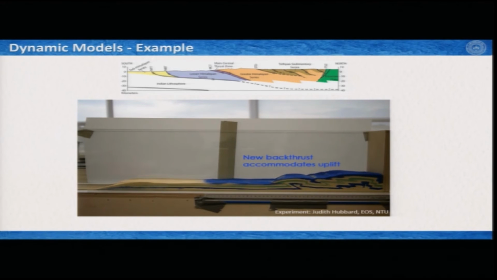These types of models not only discuss the dynamics of the processes, but they also tell you the evolution of the process, that is, how from one geologic setup you actually achieve a different geologic setup just by adding some sort of deformation.